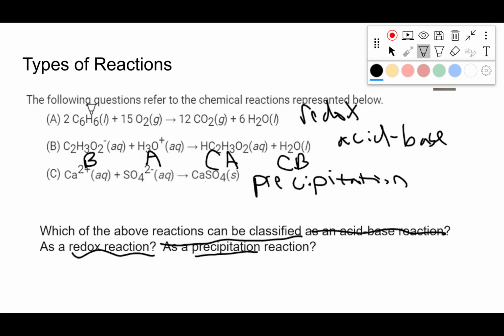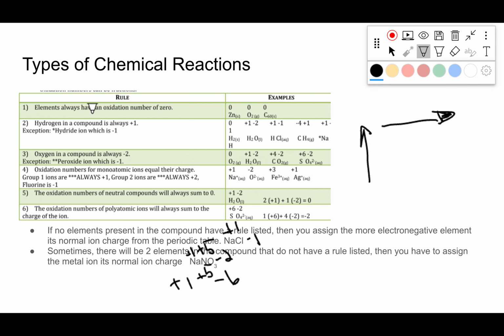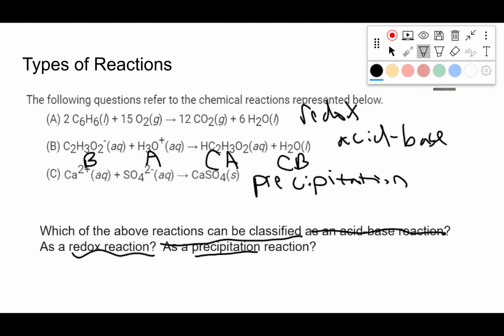Hydrogen had a rule. Again, I'm going to go back to my slide. It says hydrogen is always a positive one. So we're going to make this hydrogen be a positive one. But there are 6 of them, so 6 times positive 1 is positive 6. Carbon, therefore, has to cancel the charge of positive 6 by being a negative 6.